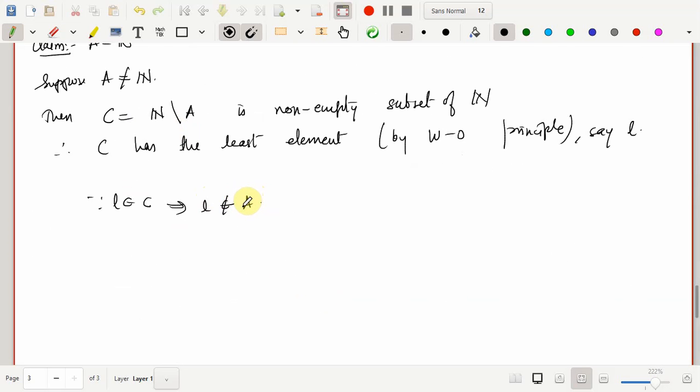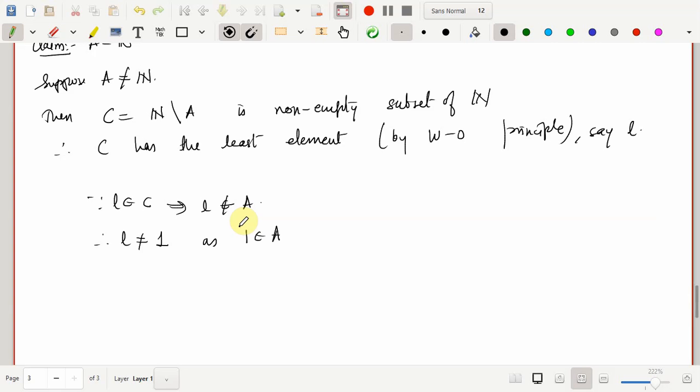There might be some more elements in A as well, but we are sure that by the first hypothesis of the induction principle, 1 is in A. And L is a least element of C, so by the definition of C, L is not a part of A, and therefore L will never be equal to 1. If L is not equal to 1, then L has to be greater than or equal to 2.